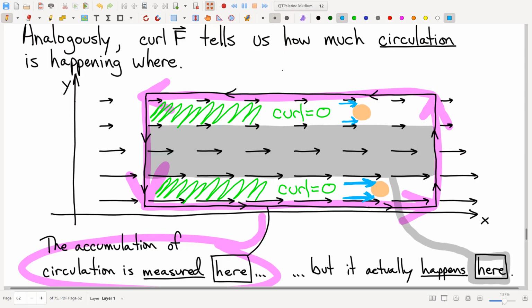So in the middle in here, we can actually see that happening, in this gray region here. Let's look at a leaf, let's say here. It's being pushed on both sides. On the top, it's being pushed, but not very much because the field is weaker there.